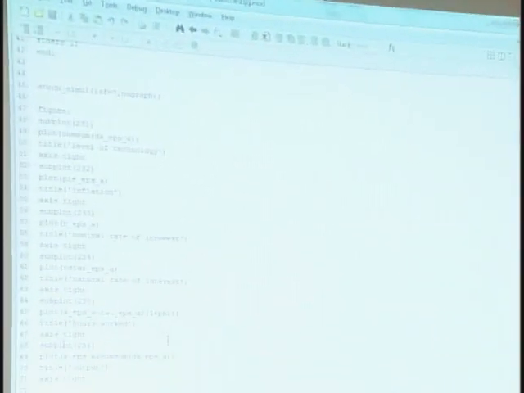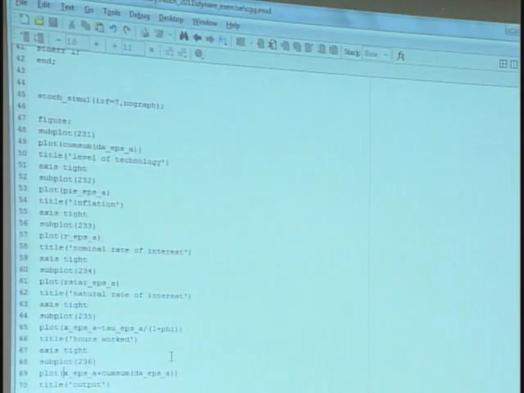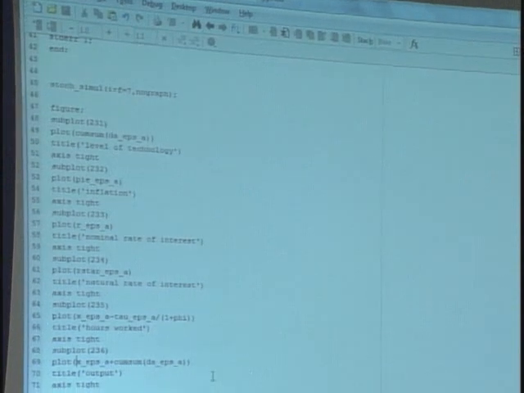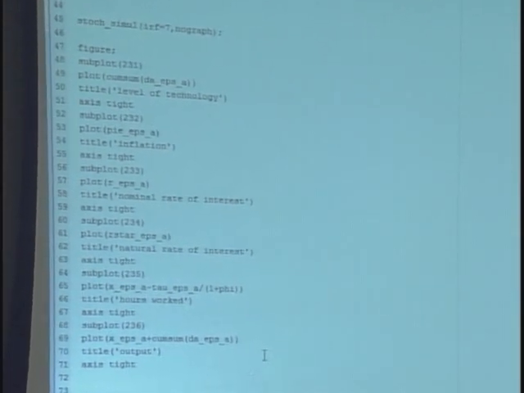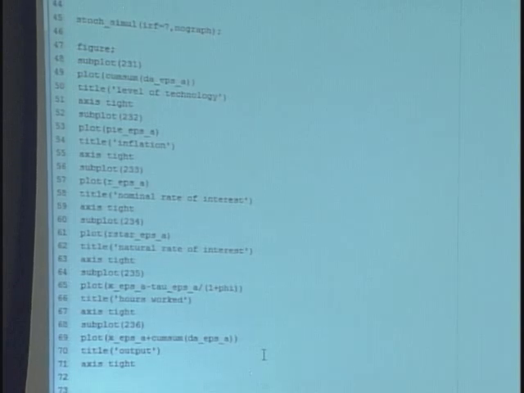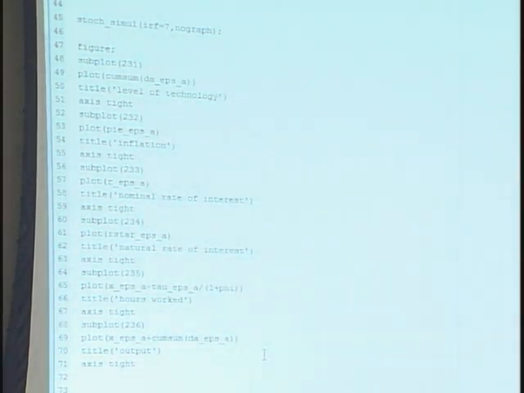We don't have A. So in order to recover actual output, we have x equal to y minus a, so I have to add a to it to get y. That's what we've got here. We're taking the output gap and adding the level of a to the output gap to get the level of actual output. These are regular MATLAB commands, and so there they are.